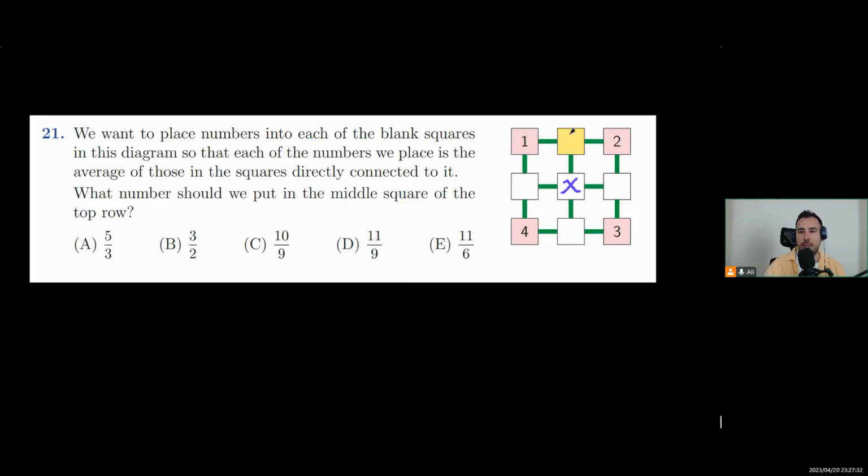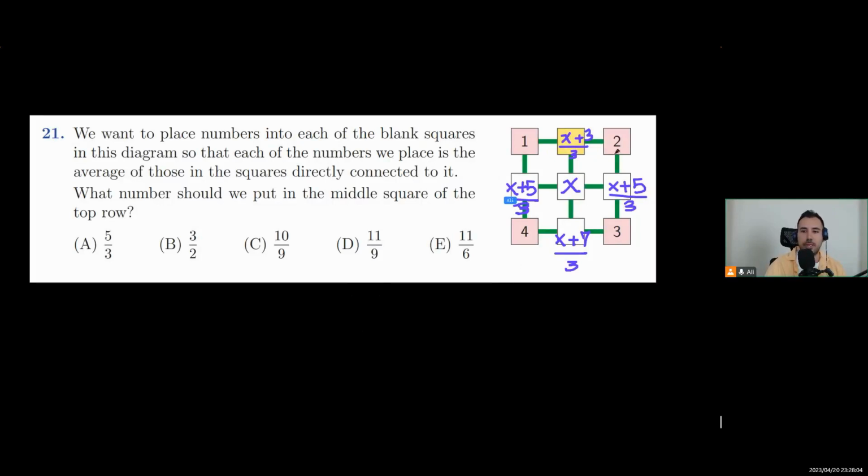Then the top one will be x plus 3 over 3. This one will be x plus 2 plus 3, which is 5, because it's the average and we divide by 3. So it's going to be x plus 7 over 3. It's going to be x plus 4 plus 1, which is 5, over 3.